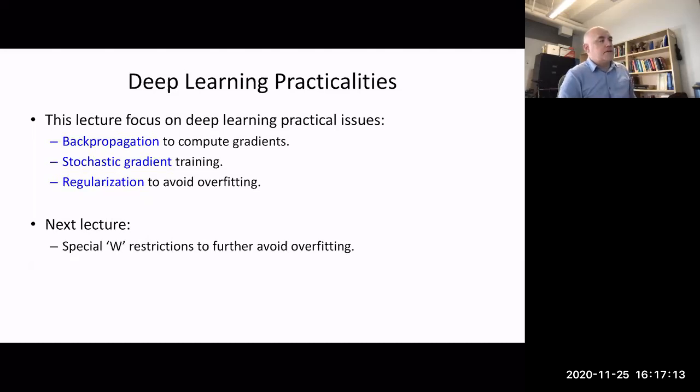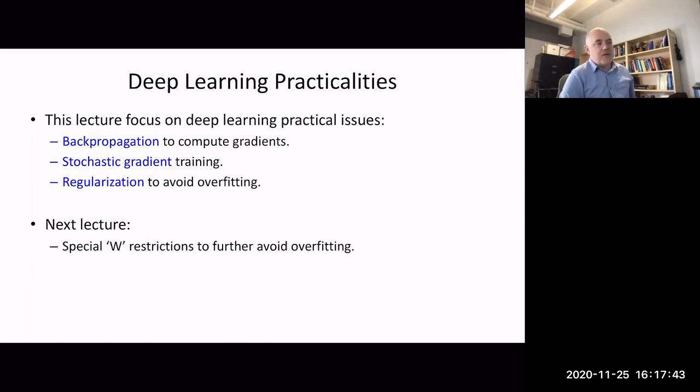So today we're basically going to focus on some practical issues. We're going to talk about how to do backpropagation to compute gradients in a deep neural network. Again, we'll be very hand-waving and quick about it, because on Monday I'll do automatic differentiation, which is the real deal. Then, once we know how to compute gradients, we'll talk about some issues with stochastic gradients and training deep neural networks.